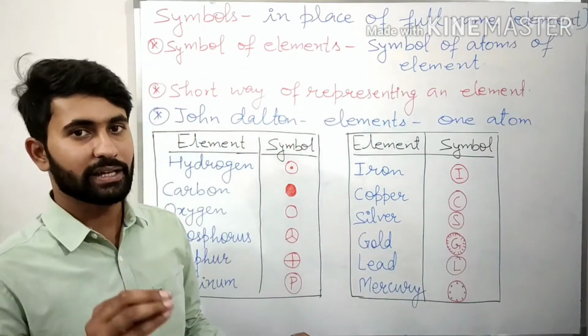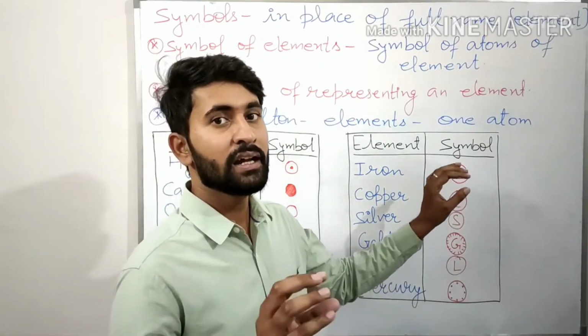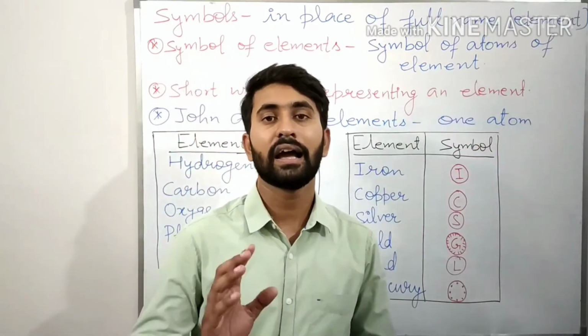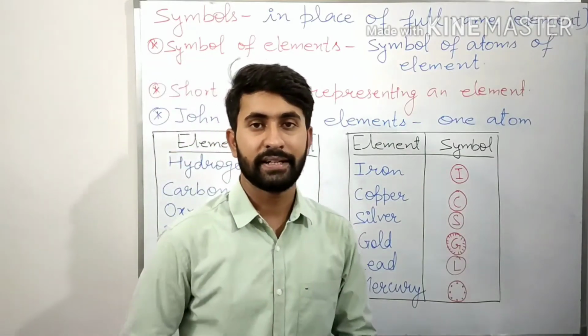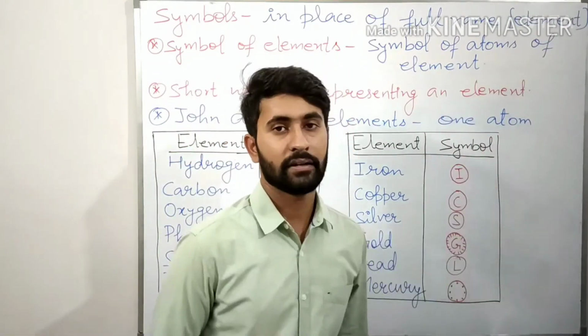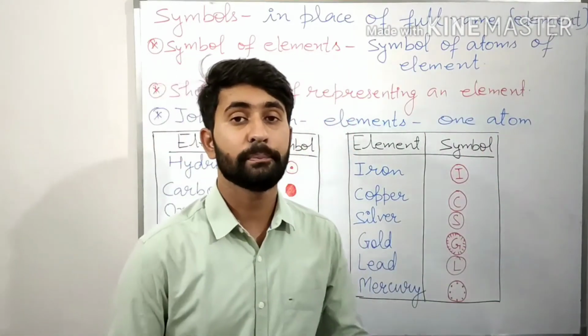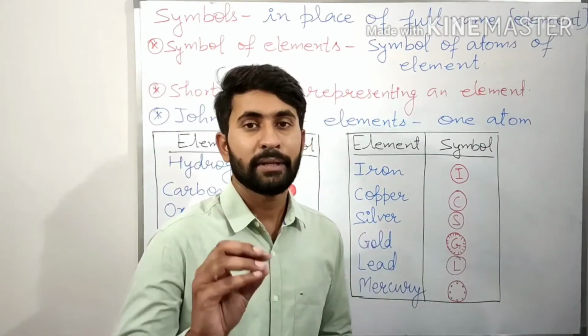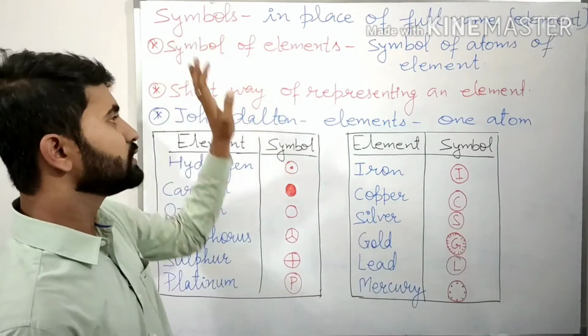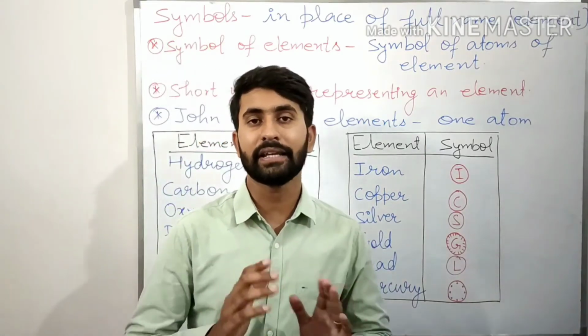So the symbol of the element represents the atoms of that element. Symbols are a short way of representing an element. Just like we use many abbreviations in our everyday life, similarly we use symbols for writing a chemical equation.